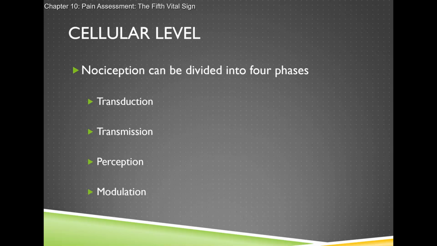Transduction occurs when a noxious stimulus in the form of a traumatic or chemical injury, for example, if a person has a burn, an incision, or a tumor, takes place in the periphery, which can include skin and visceral structures, which could include organs.